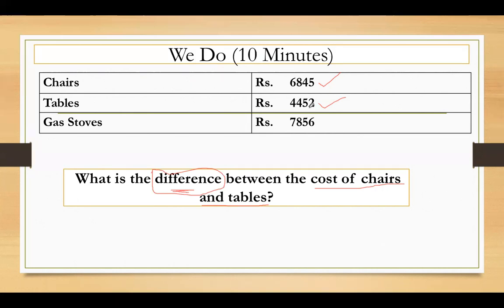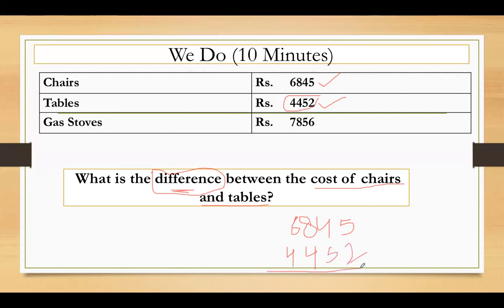So the first step of solving this is to write down the bigger number. 6,845 is the bigger number. Write it first. Then second we have the cost of tables, 4,452.